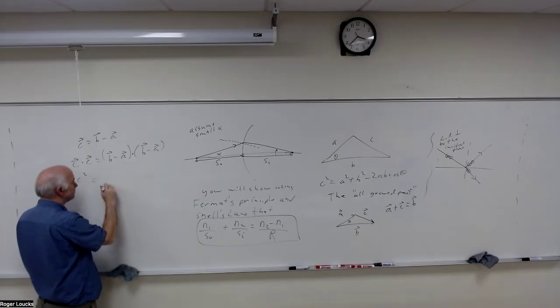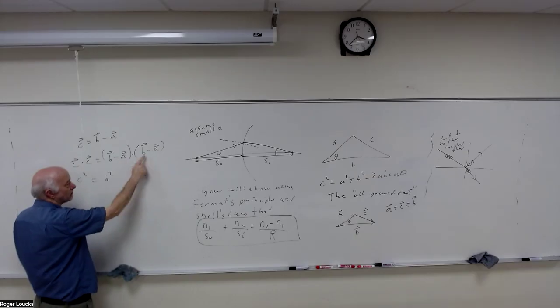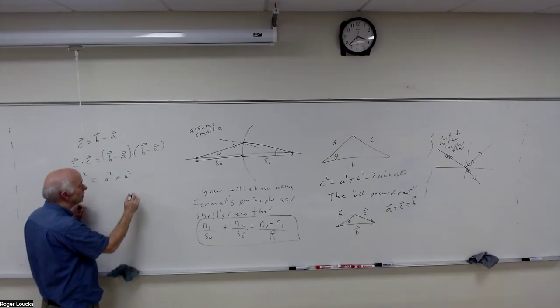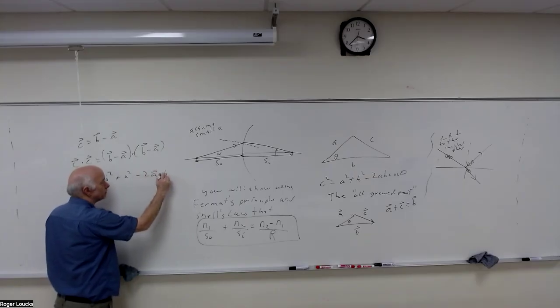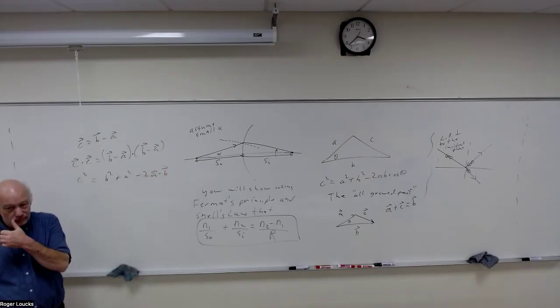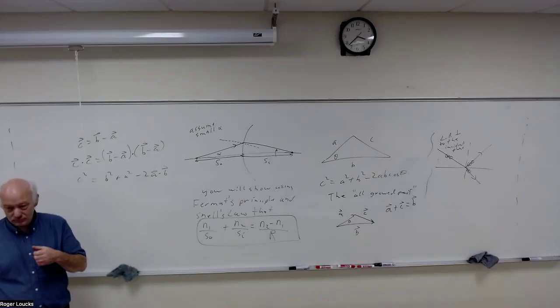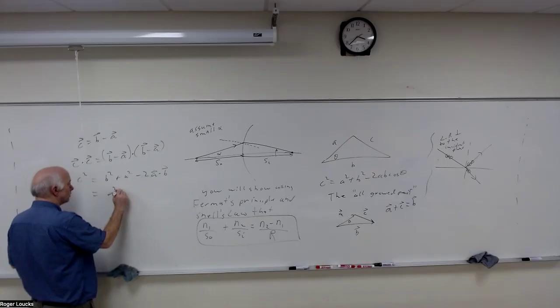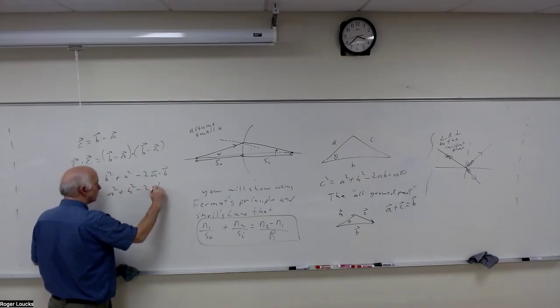B dot B is B squared. Minus A dot minus A is A squared. But then what do I get twice across? Minus 2A dot B. This is just A squared plus B squared minus 2AB cosine theta.